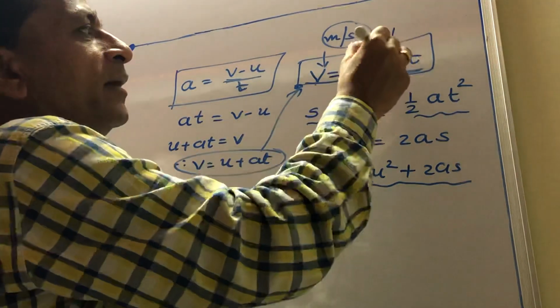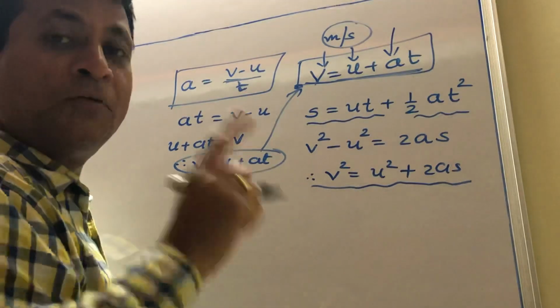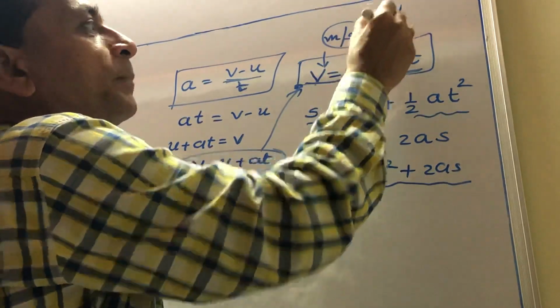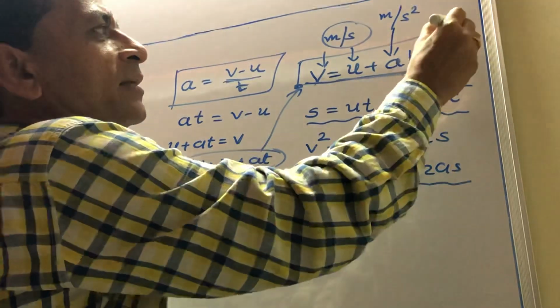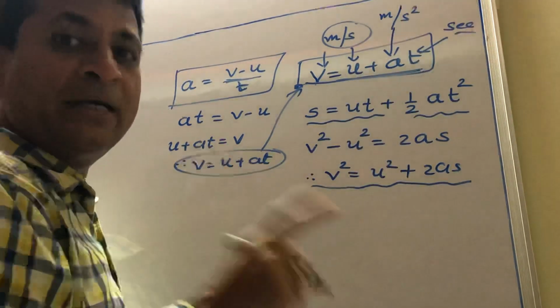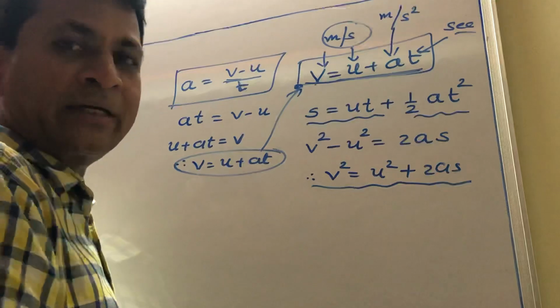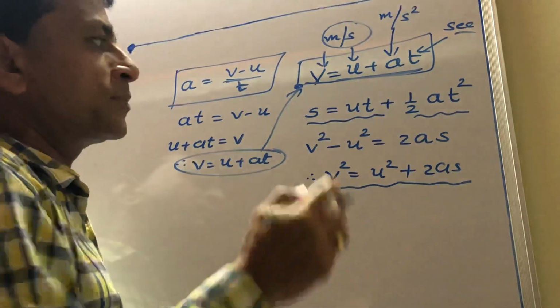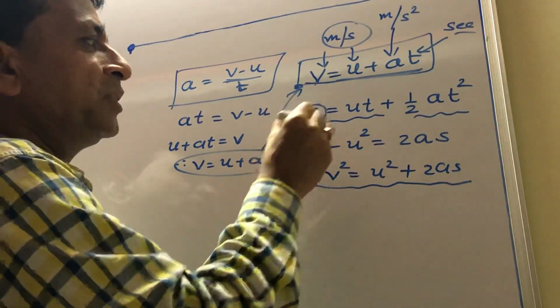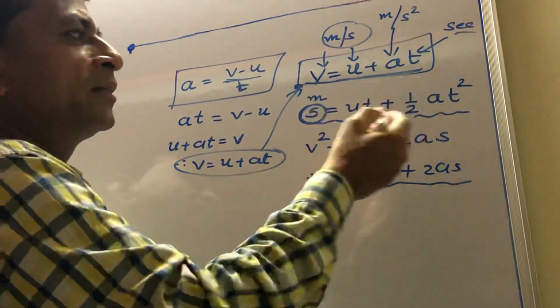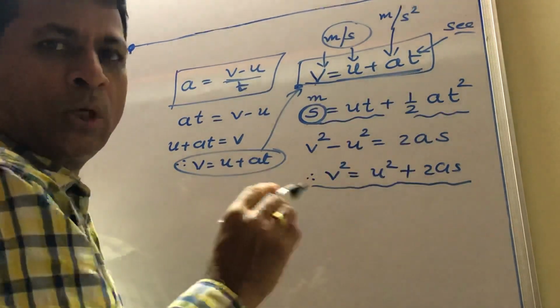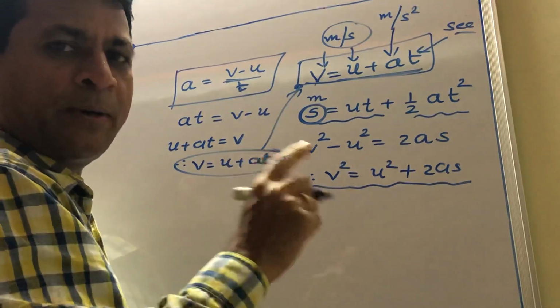Acceleration a is always measured in meters per second square, while t is time, measured in seconds. Distance is always measured in meters, while the other symbols are the same. Please remember this.